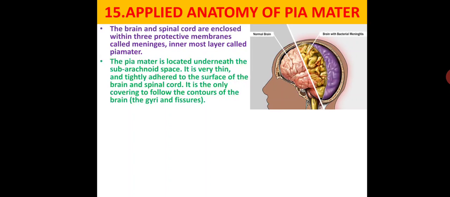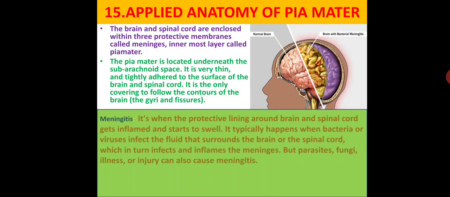It is very thin and tightly adherent to the surface of the brain and spinal cord, and it is the only covering that follows the contour of the brain, that is the gyri, sulci and fissures. The clinical anatomy of the pia mater, the innermost layer, is meningitis, that is inflammation of the meninges.